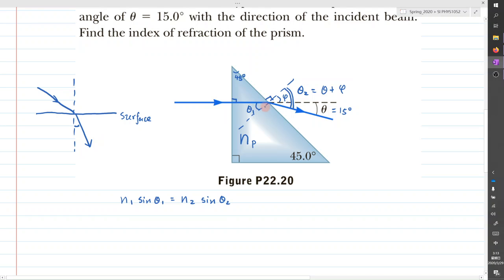Now can we figure out theta 1? Hopefully it's pretty obvious from the geometry. This is 45 degrees. We assume this is 90 degrees, so the rest of the angle must be 45. And since this is the normal to the surface, the angle right here has to be 90. So theta 1 plus 45 equals 90 degrees. Theta 1 equals 45 degrees.